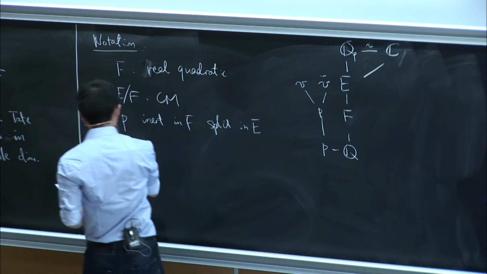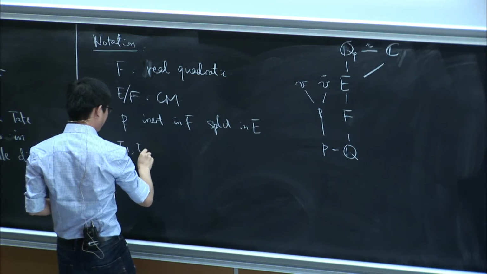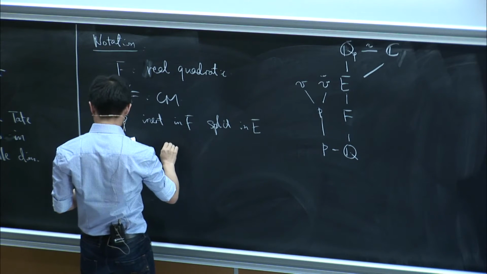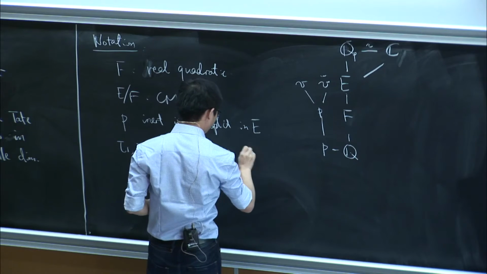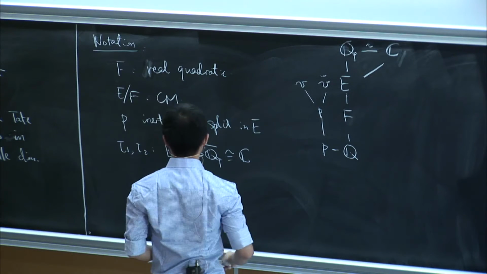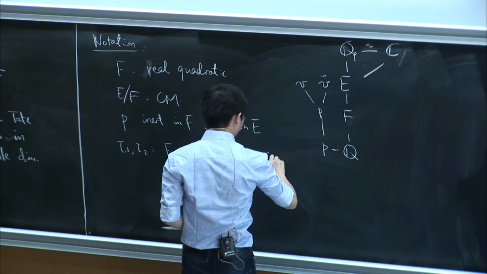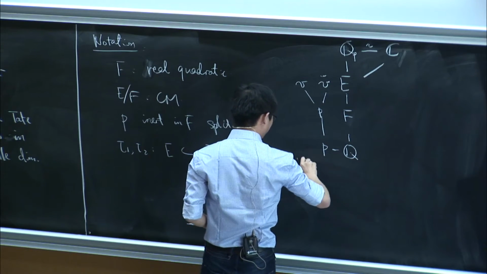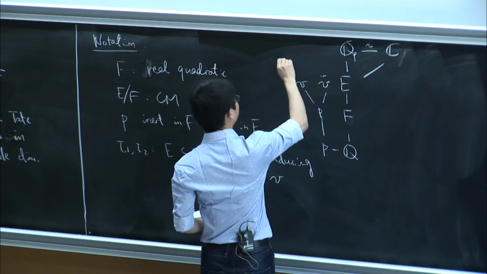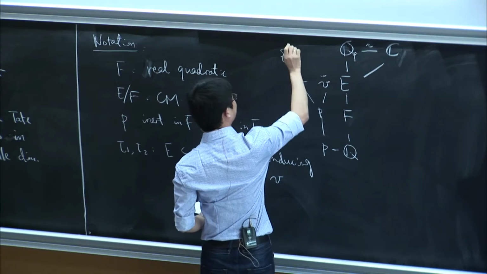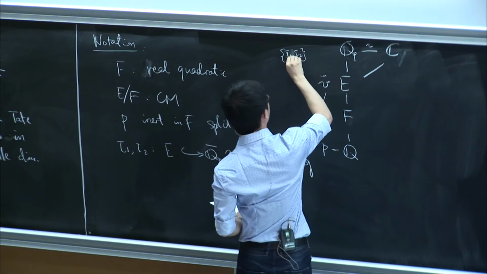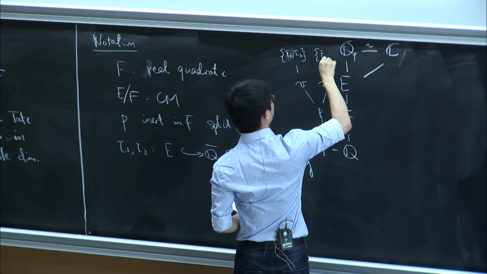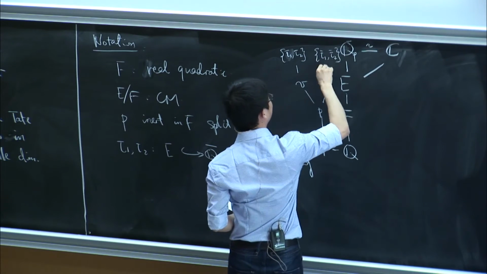And I will denote by tau 1, tau 2 the two p-adic embeddings inducing the p-adic place v. So above here there correspond two p-adic embeddings, tau 1 and tau 2. Here, there are tau 1 bar and tau 2 bar. Okay.